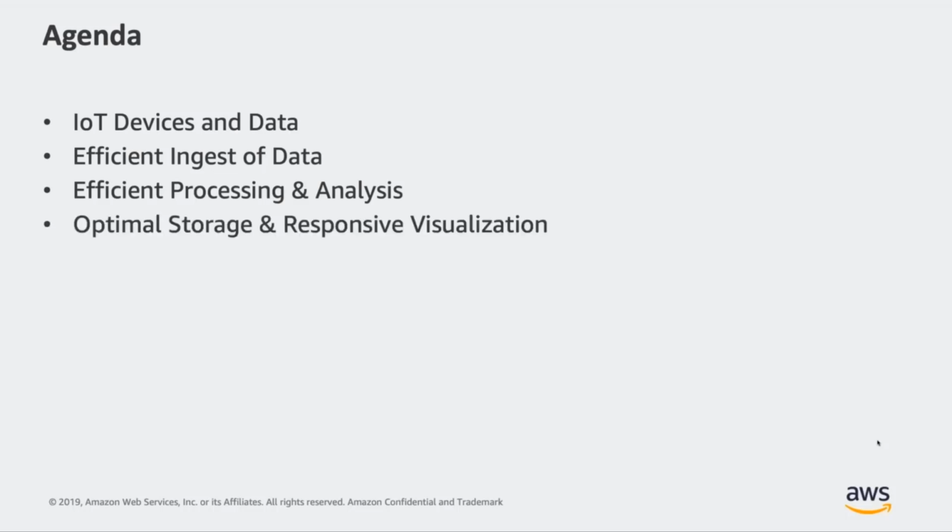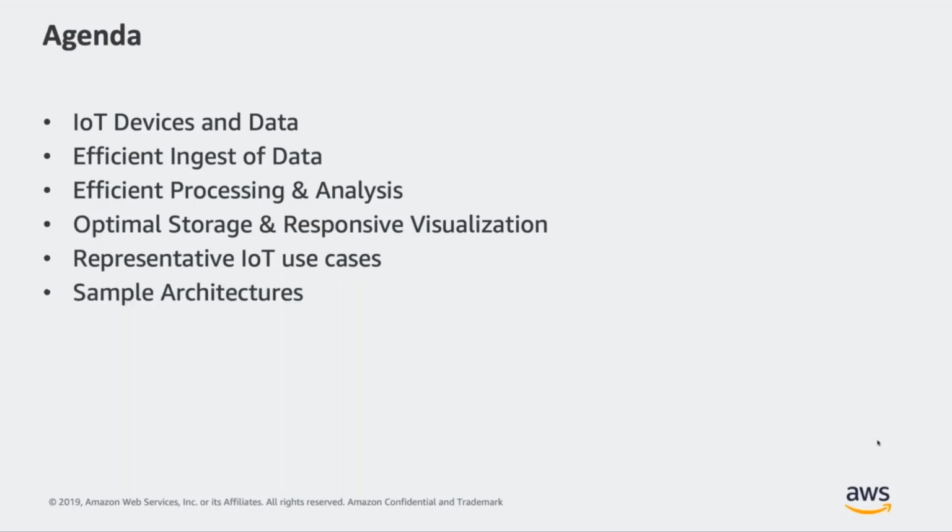We'll then look at optimal methods of storing this data and how to visualize this data so that it feels very responsive. Rohit will talk about some recent representative IoT use cases, and he will then go over some sample architectures that can achieve the efficient processing and responsive visualization that we talked about. We'll conclude with a quick demo.